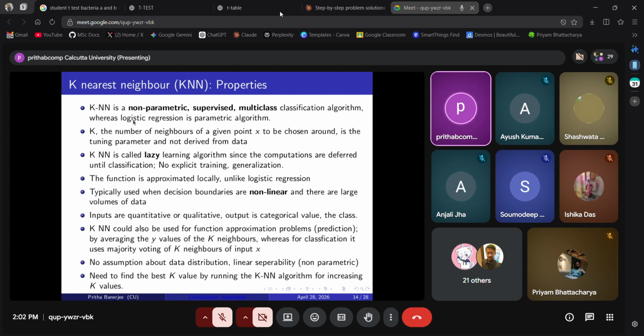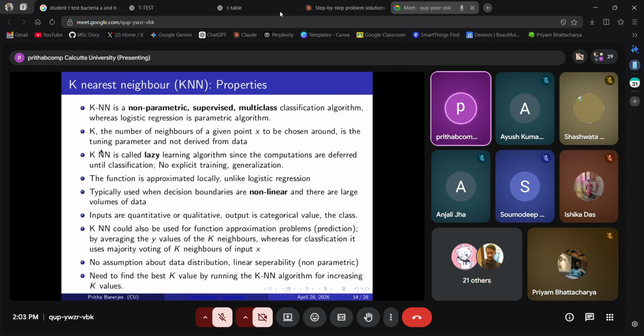Logistic regression, as I said, is a parametric algorithm where we need to estimate different parameters, like linear regression. Here k is the number of neighbors around a given point x to be chosen, and k is a kind of tuning parameter. It is not derived from the data.